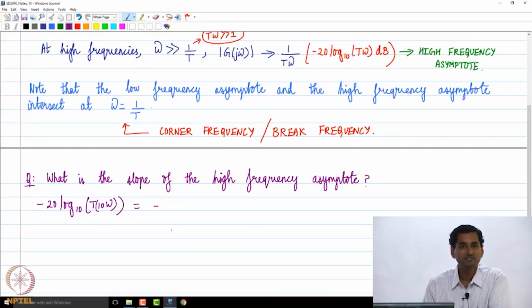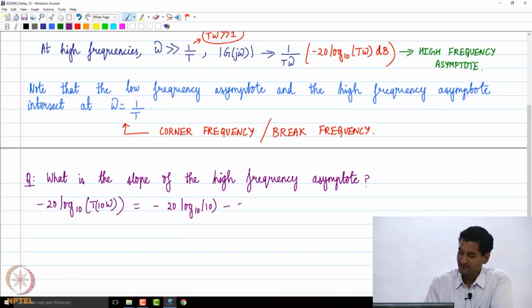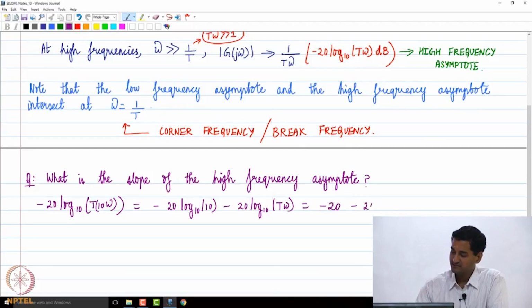Here I can rewrite this as minus 20 log to the base 10 of T omega, and the first term is going to be minus 20, and minus 20 log to the base 10 of omega.